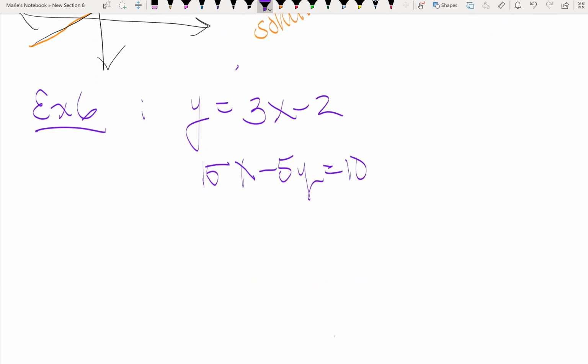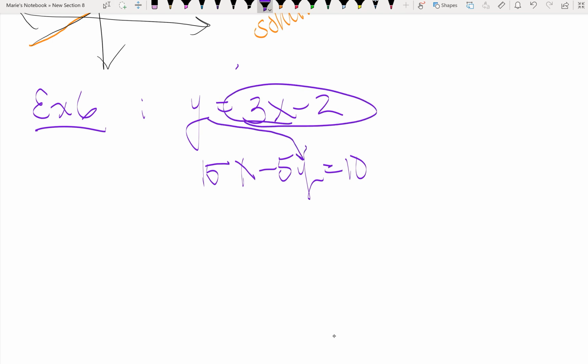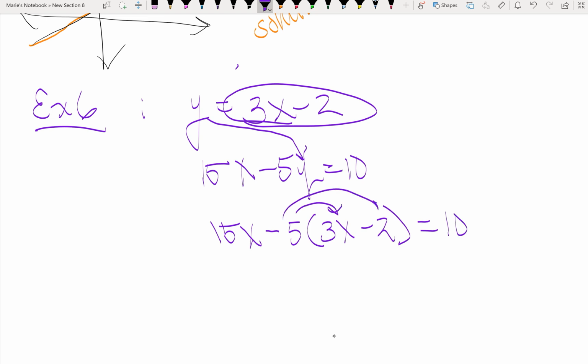Could we use substitution? After all, y is equal to this, right? So I have 15x minus 5 times (3x minus 2) is equal to 10. If I distribute this value, notice what I get: 15x minus 15x plus 10 equals 10.